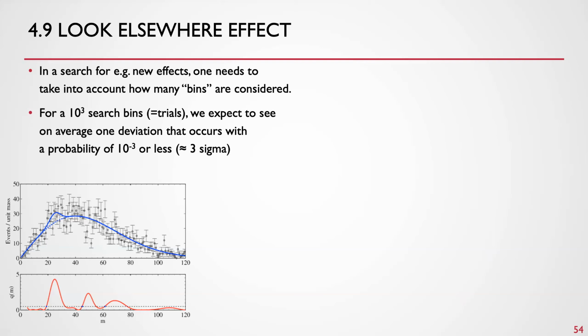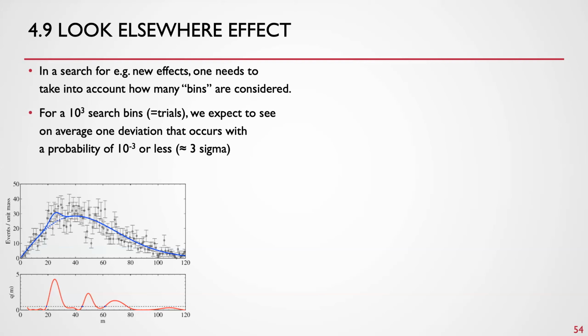However, you've searched in many bins. If you've searched in 1,000 bins, it's expected that at least one bin will have an excess that has a p-value of 1 in 1,000 or less. If you search 1,000 times, you find something unusual, something that happens with a probability of only 1 in 1,000.